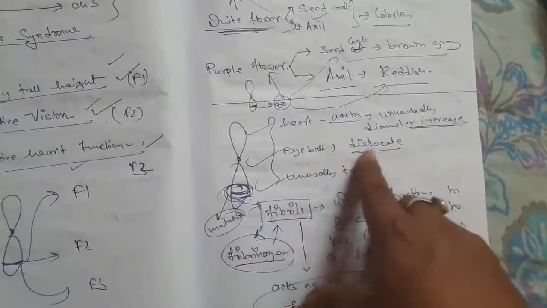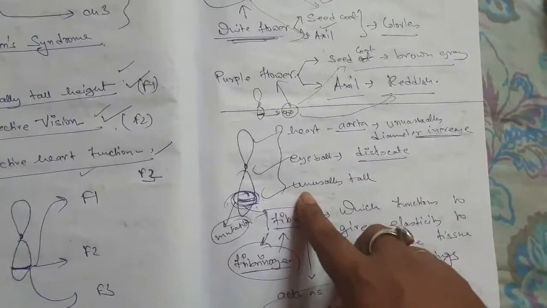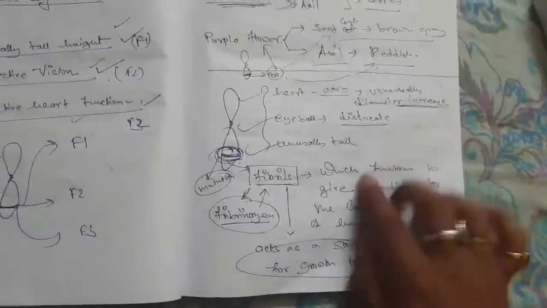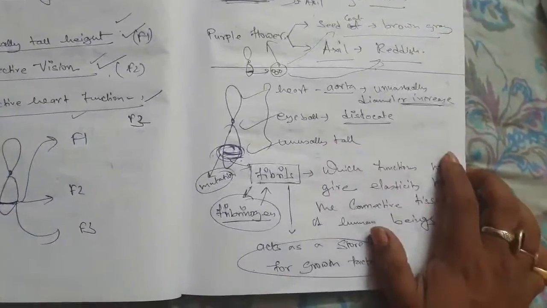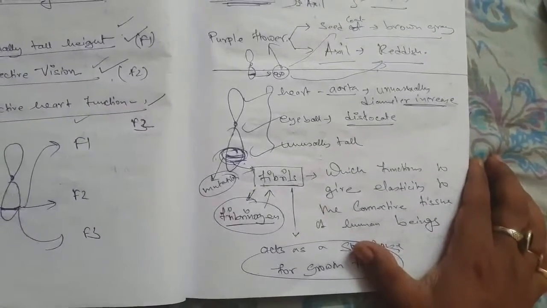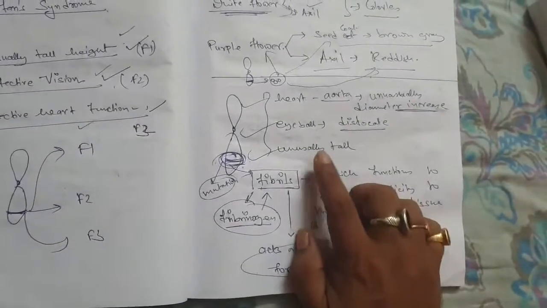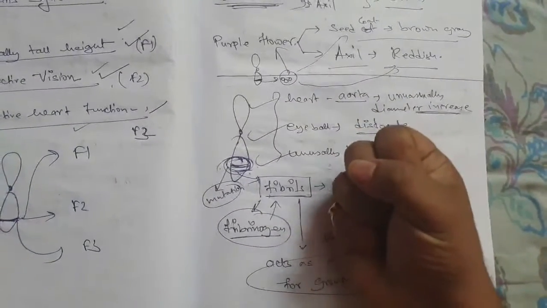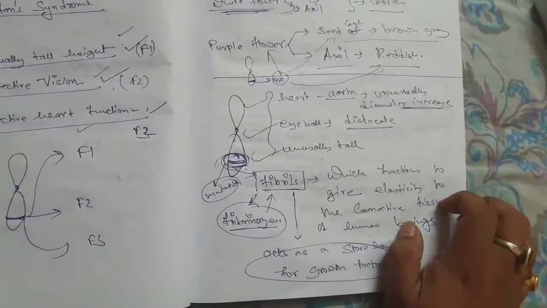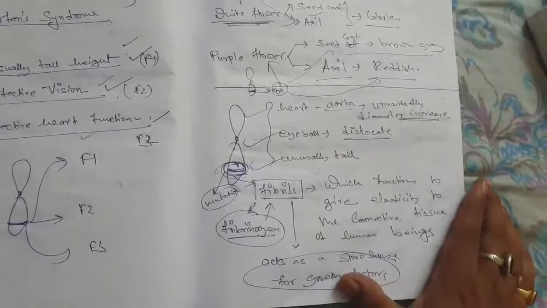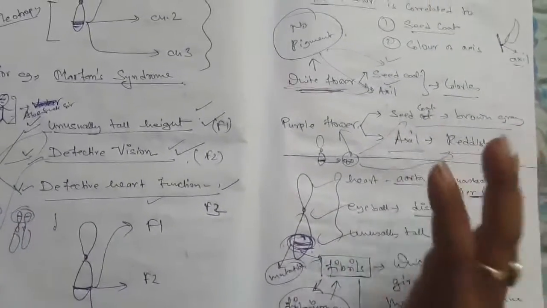Due to less production, the eyeball may be dislocated, and due to less production, unusual tallness could be seen, because they also stored the somatostatin hormone that is responsible for height, which was also controlled by fibrils. So in this way they could control. This is known as a pleiotropic gene.